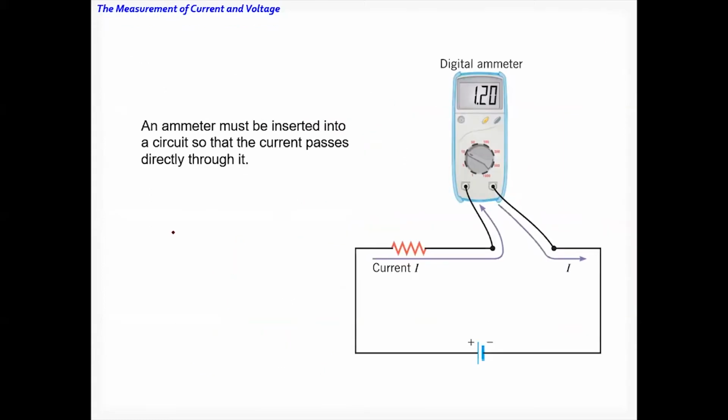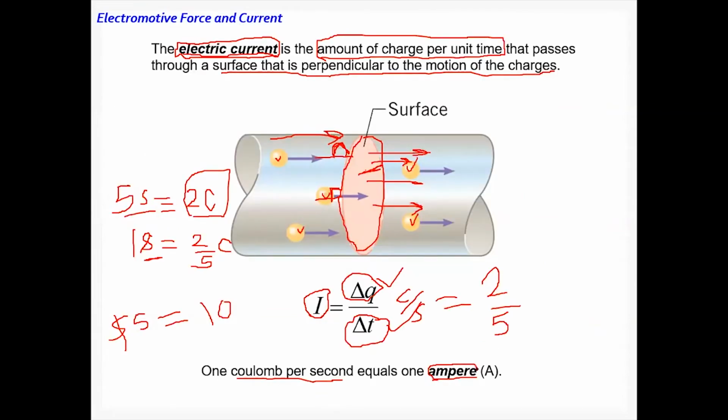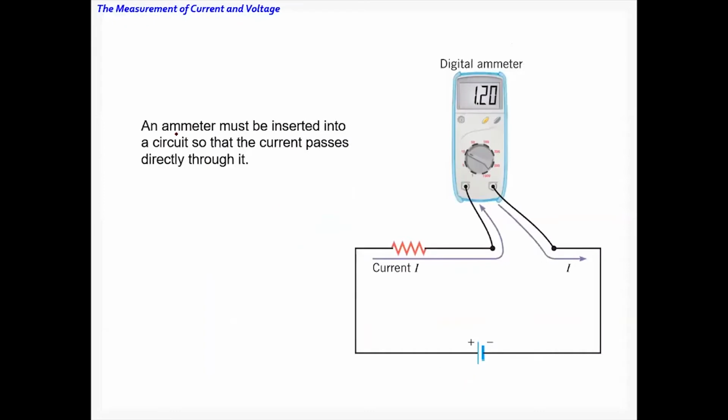So to measure the current, you have to use a device called an ammeter. Ampere is the unit of current. Ammeter is the device that measures the current. Okay. Suppose you have a circuit like this, right? So the current is flowing through this circuit.